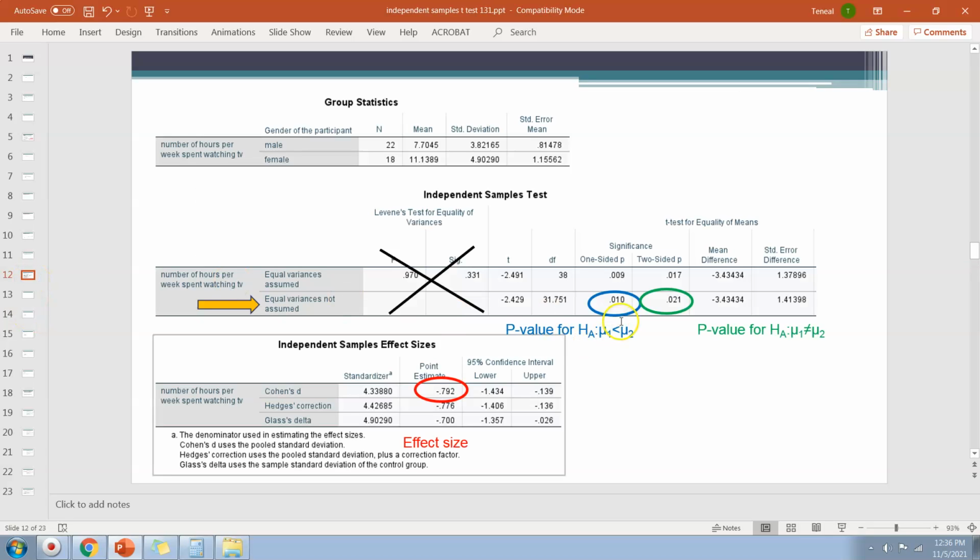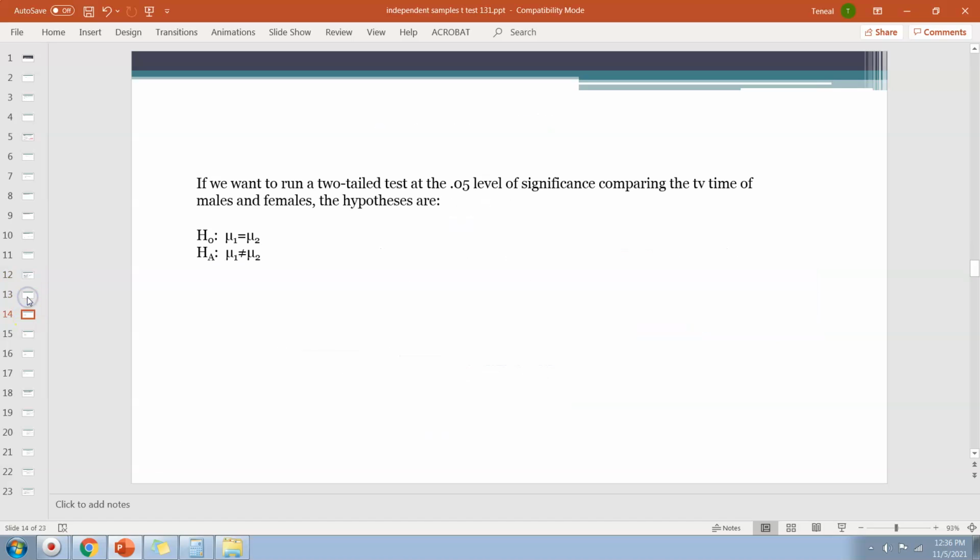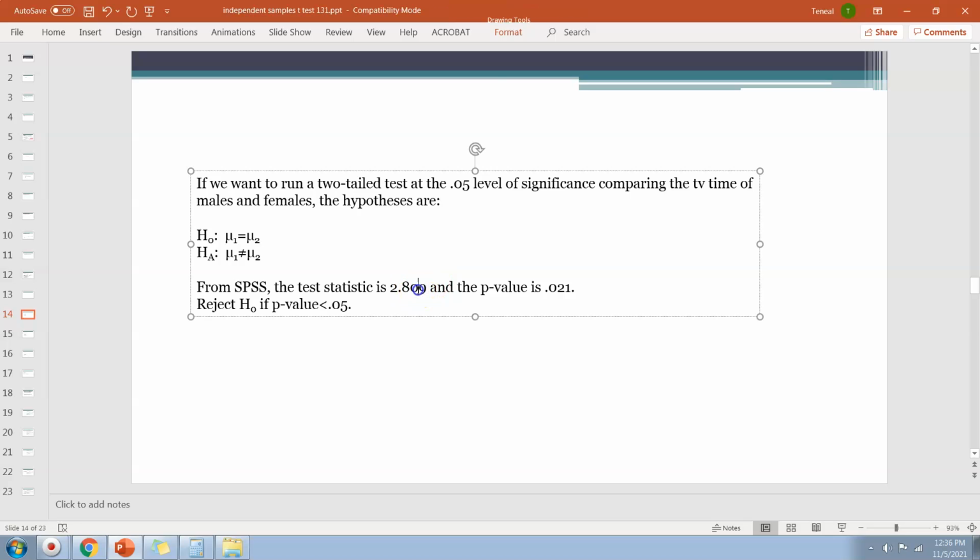So if we get our test statistic, that's going to be -2.429. And our p-value, for the two-tailed test, is 0.021. So we get that from the output.